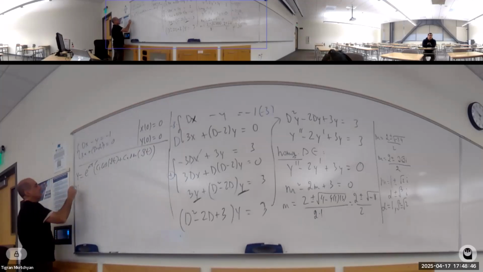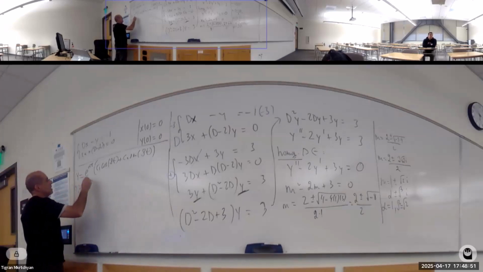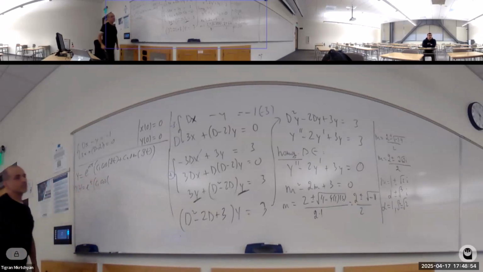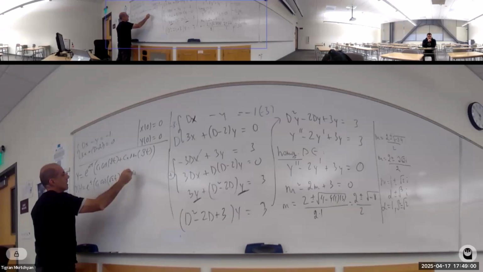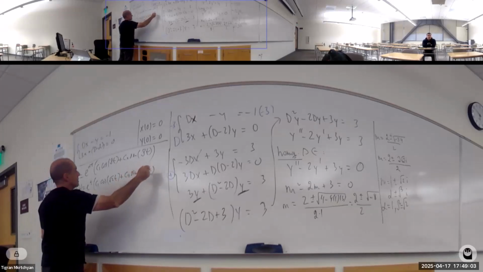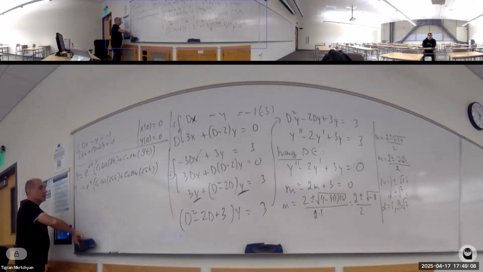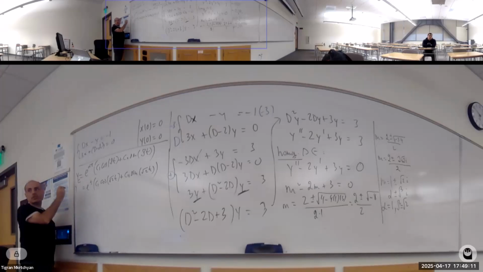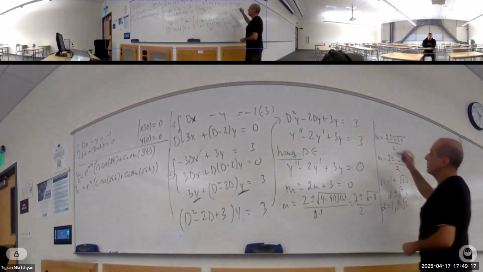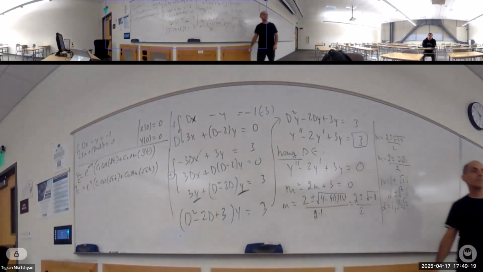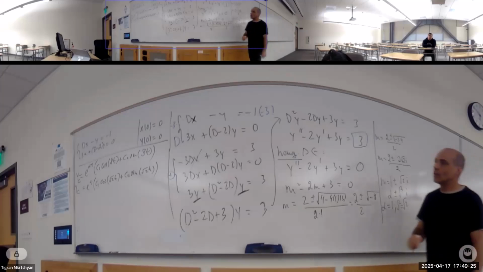So as a function of t, e to the t, c1 cosine of root 2 t plus c2 sine of root 2 t. So this is not the y, I am so wrong, because this is the solution of only the homogeneous equation. We still have to take care of the non-homogeneous part, the yp. That's the complementary solution.